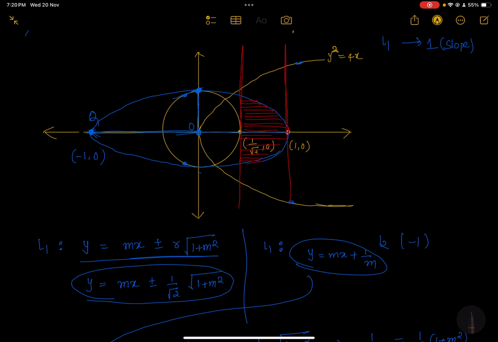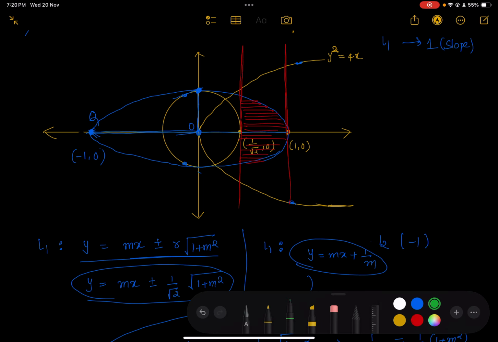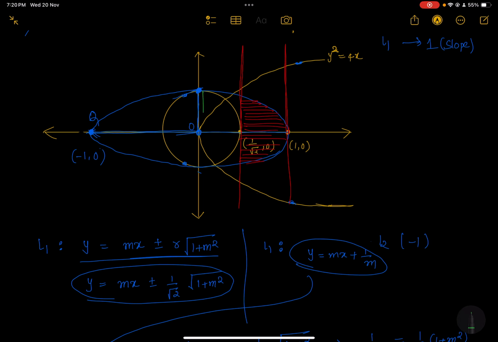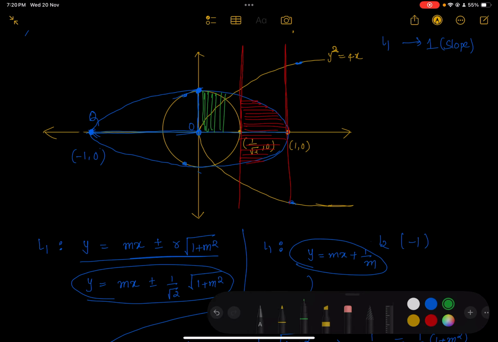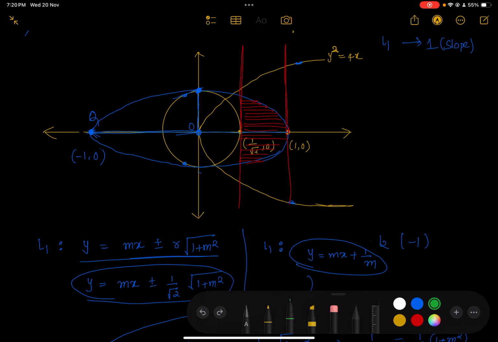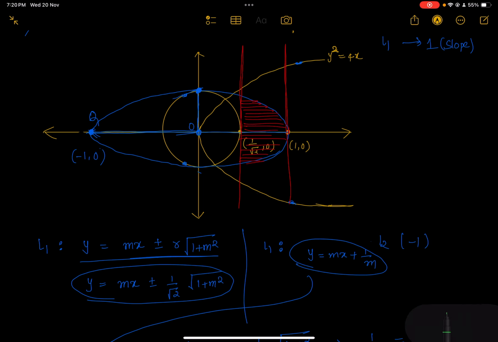How do we find that area? Okay, let us color the areas. So we have to find that area. So let us write the expression for that area.